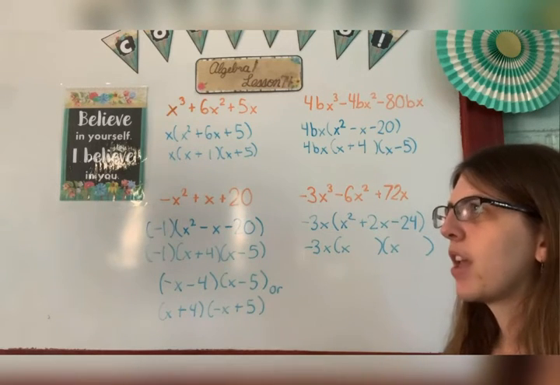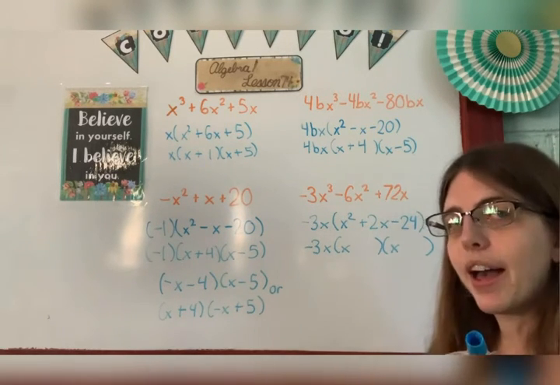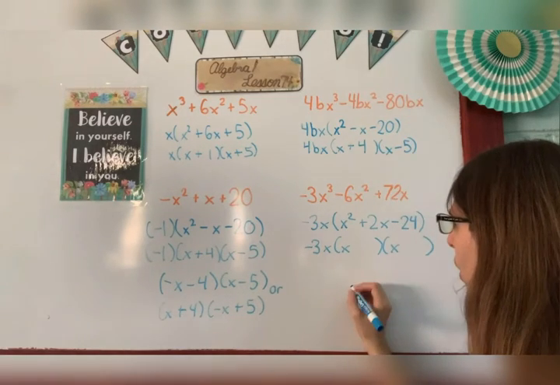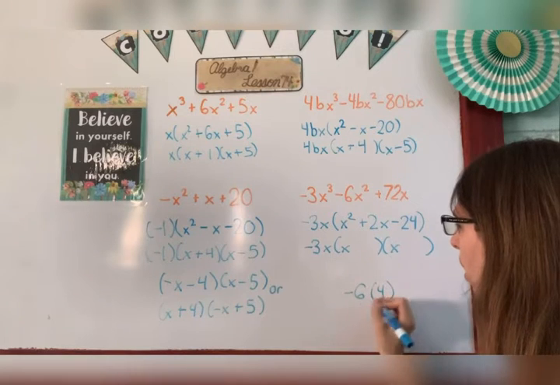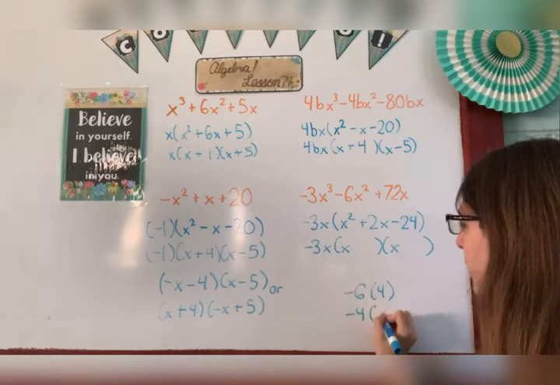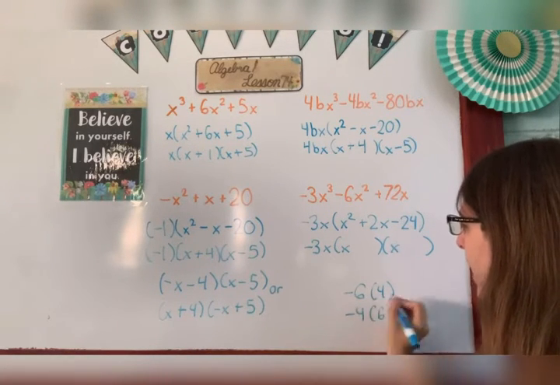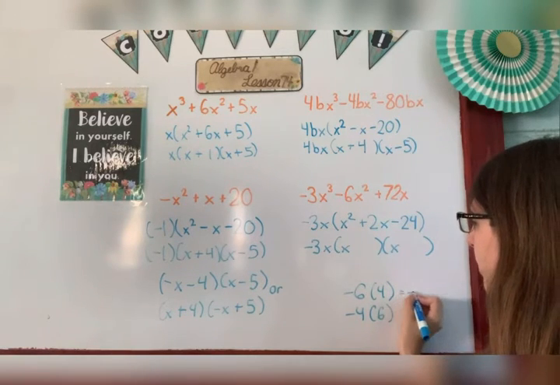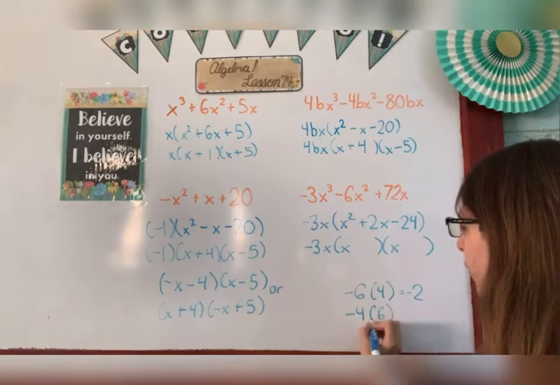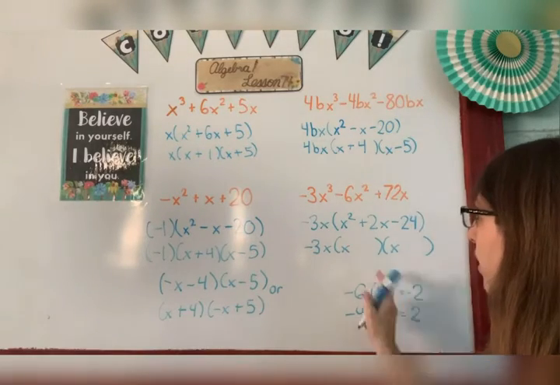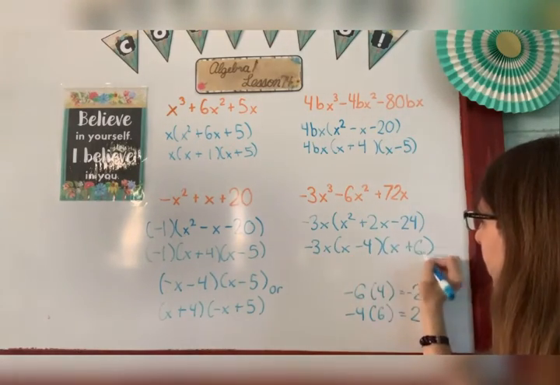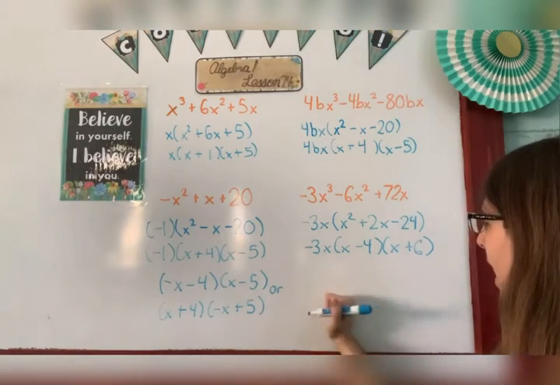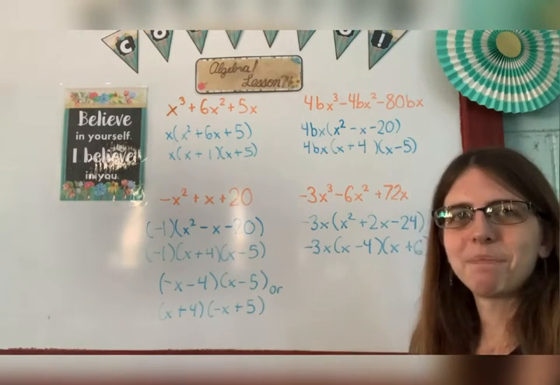No, that can't be it. 6 and 4. So I have -6 times a +4, or I have a -4 times a +6. Well, -6 plus 4 gives me -2. -4 plus 6 gives me +2. I'm looking for +2, so it has to be -4 and +6. All right, and you leave your answer just like that.